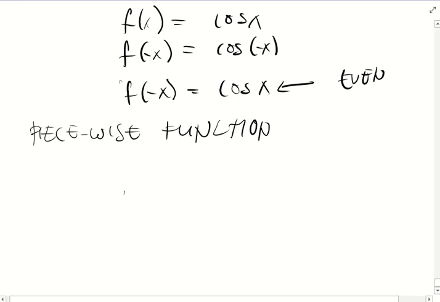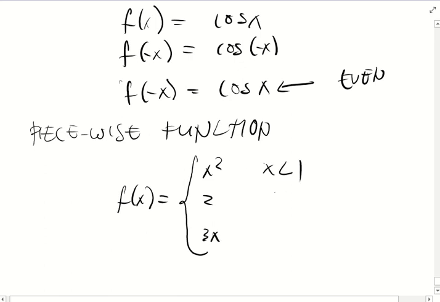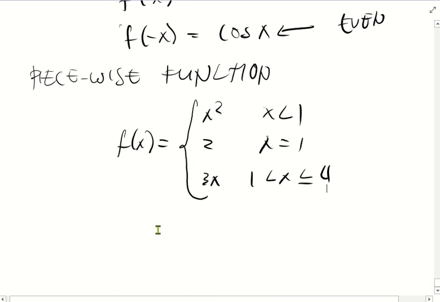For example, f of x is equal to, there's a bracket here, x squared, 2, and 3x, with conditions x is less than 1, x is equal to 1, and 1 less than x less than 4. This is an example of a piecewise function. It is composed of 3 sub-functions: x squared, 2, and 3x.